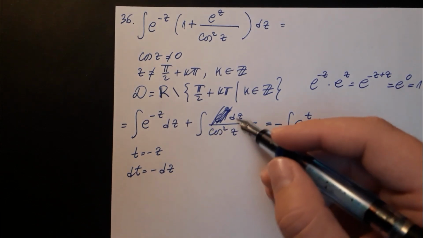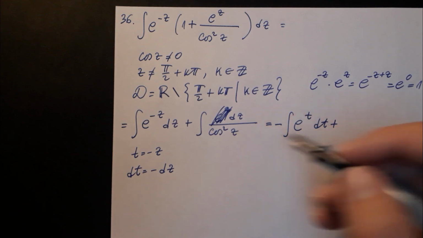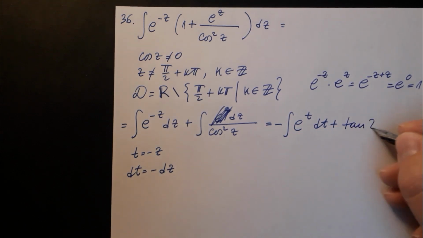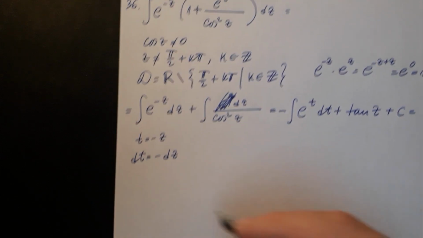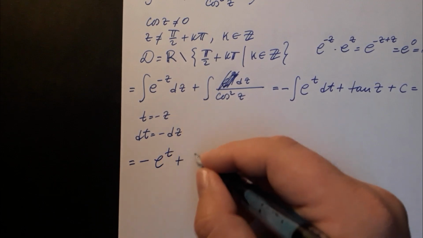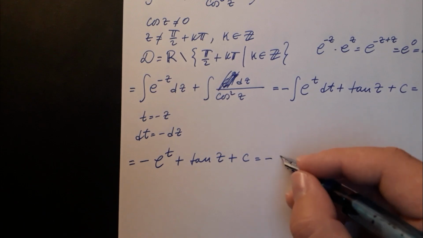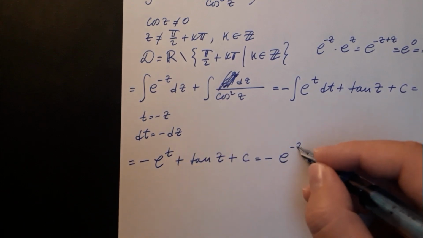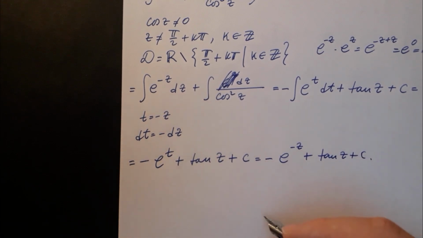So I have here just an integral of dz divided by cosine squared of z, and in the table that is just tan of z plus c. So I actually have negative e to the power t plus tan of z plus c, and that is minus e to the power negative z plus tan of z plus c.